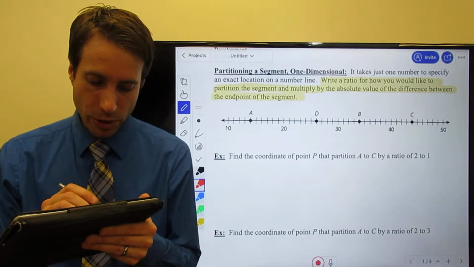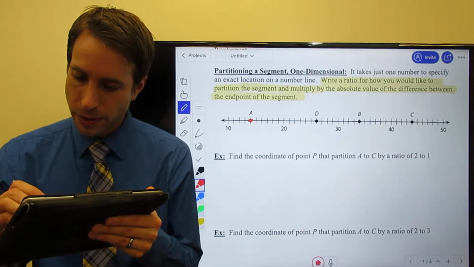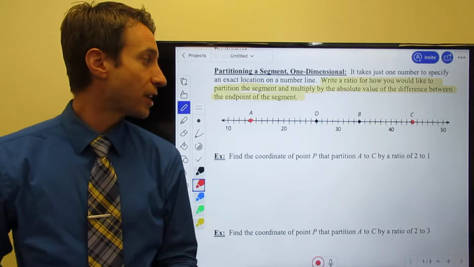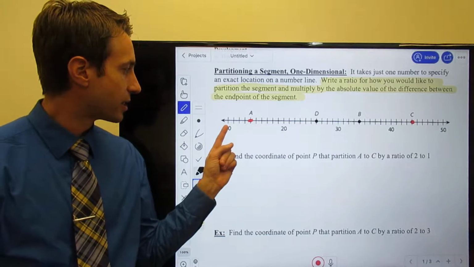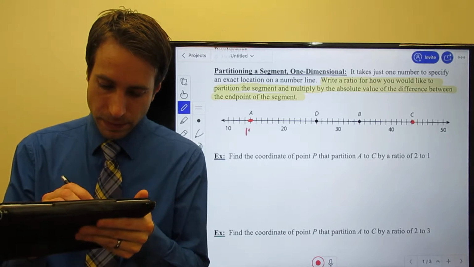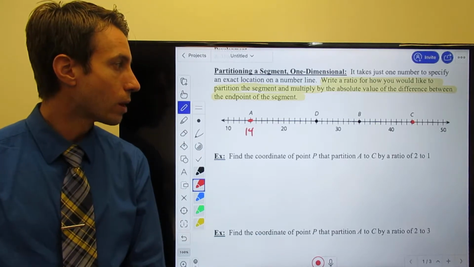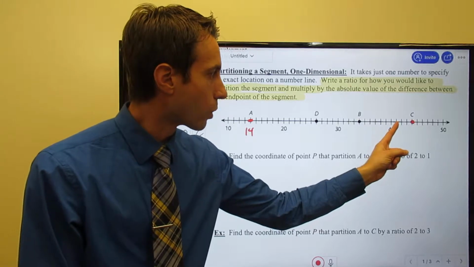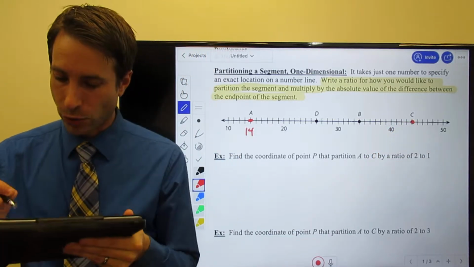I know I'm going to go from A to C. So let's figure out where those are on the number line. Here's 10, 11, 12, 13, 14. So A is at 14. What about C? Well, here's 40, 41, 42, 43. C is at 44.